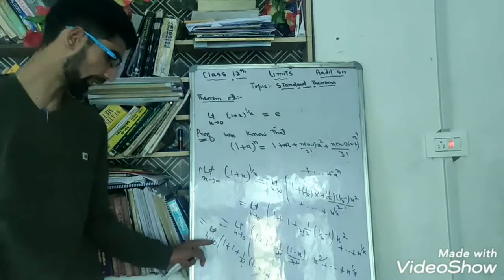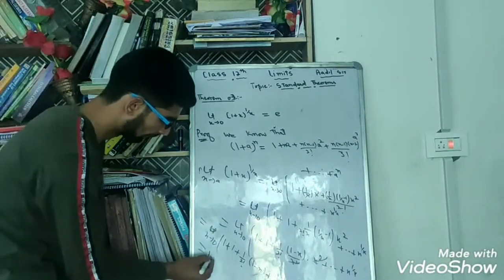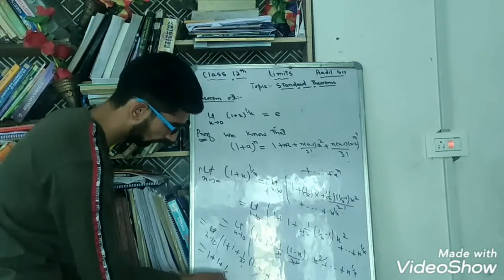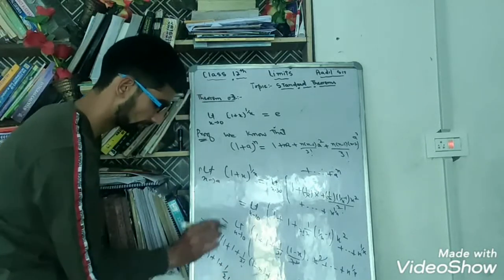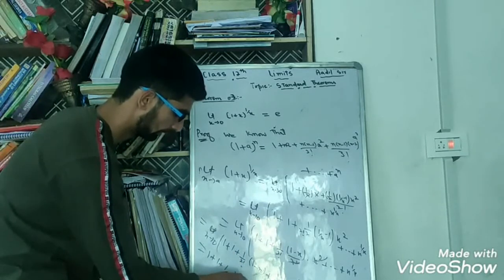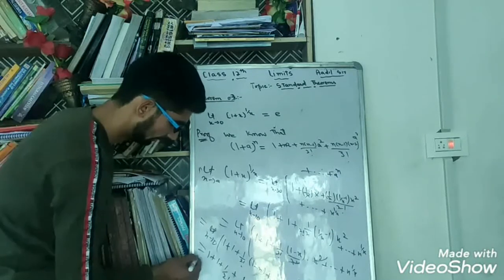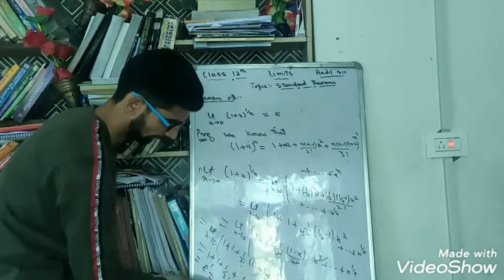When we give the value of x as 0, because it is now finite, it will be 1 + 1 + 1/2! + 1/3! plus so on, and this is equal to e^1. Hence proved.